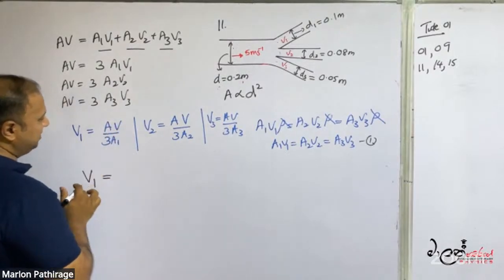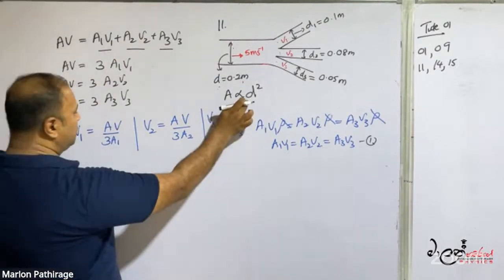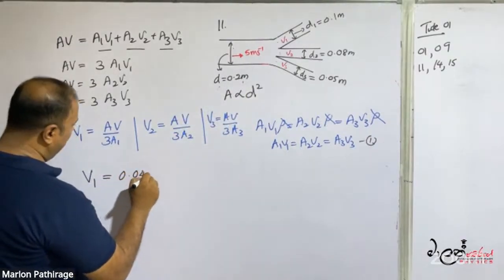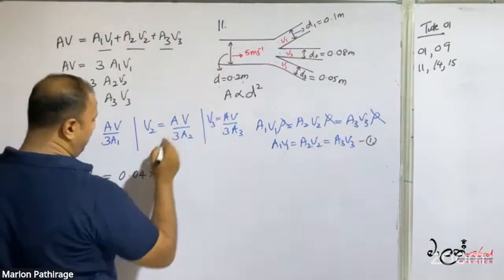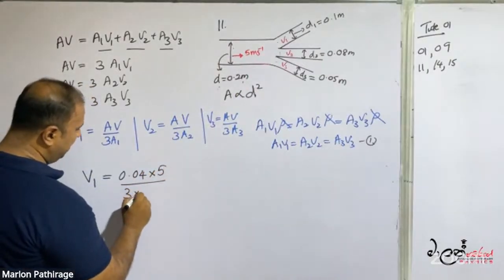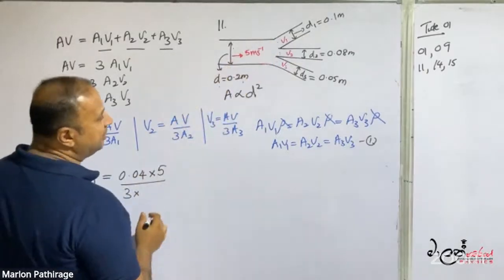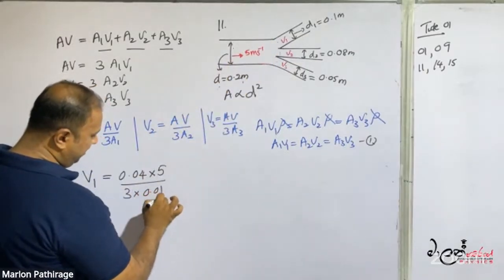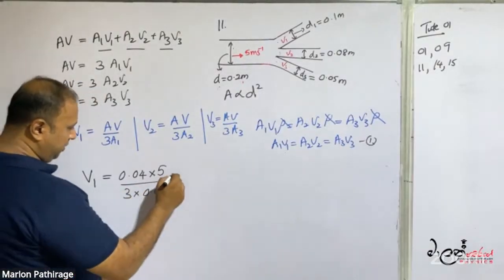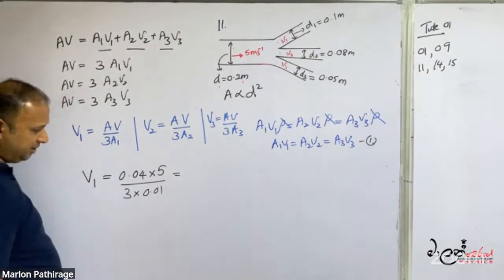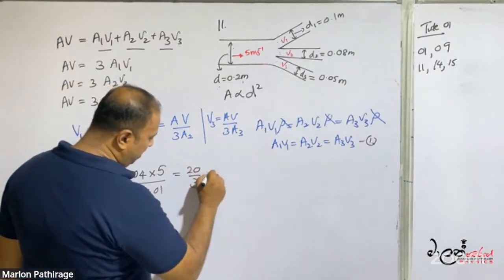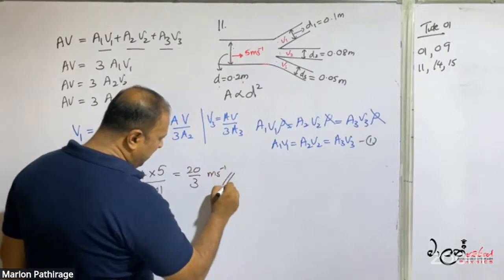Therefore D squared means 0.04, V means 5, divided by 3, A1 means 0.01 m squared. And V1 should be equal to 20 over 3 m s⁻¹.